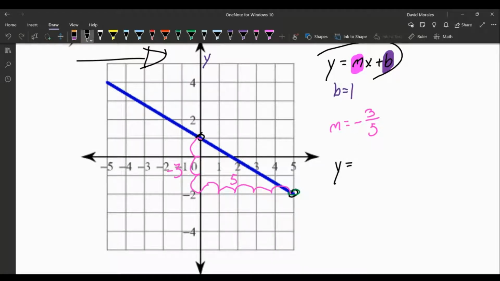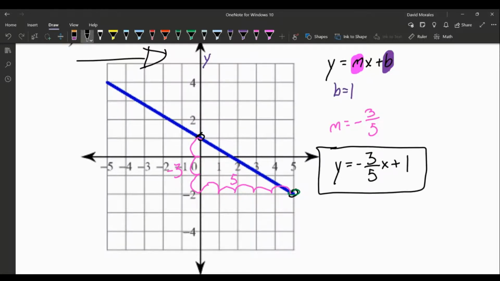So y equals m. What's my m? Negative 3 over 5 x plus 1. b is 1. That's writing the equation of the line.